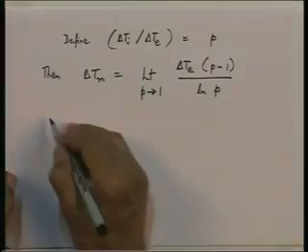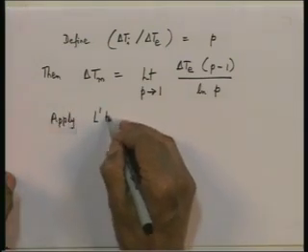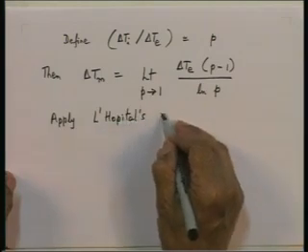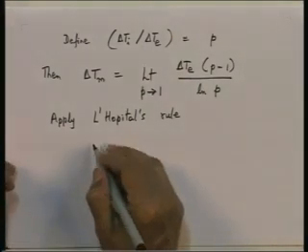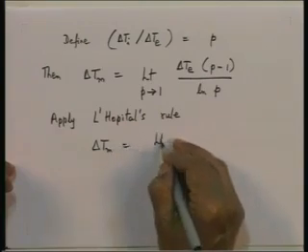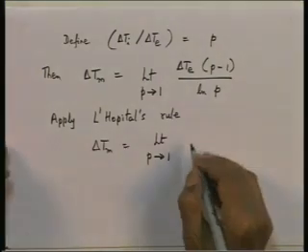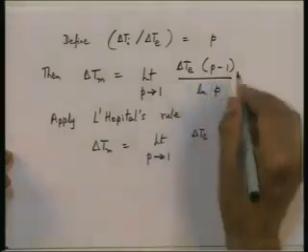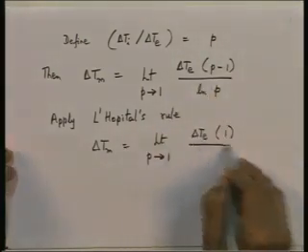L'Hopital's rule says, differentiate the numerator and denominator with respect to P. So, you will get delta Tm is equal to the limit P tends to 1. I am differentiating now the numerator and the denominator with respect to P, delta Te remains the same. P minus 1 when differentiated with respect to P gives me 1.